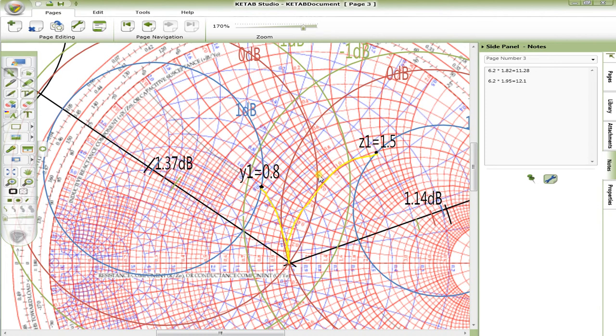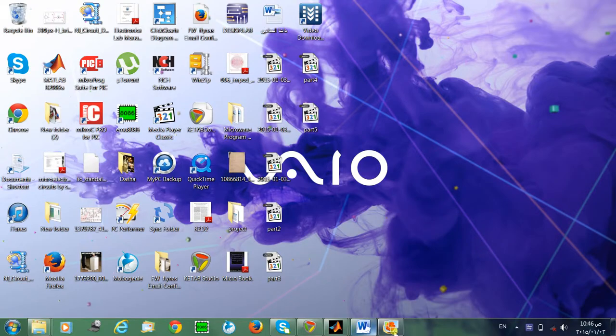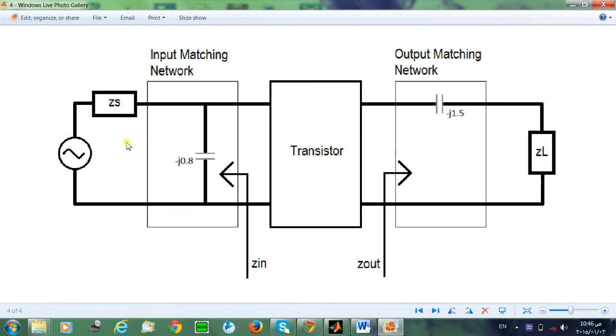And since this is an admittance, since we are moving clockwise, we are adding a capacitor, and here, since we are moving anti-clockwise, we are also adding a capacitor.